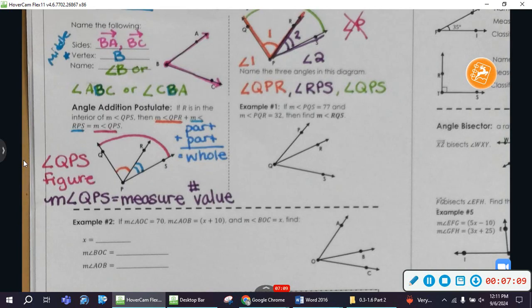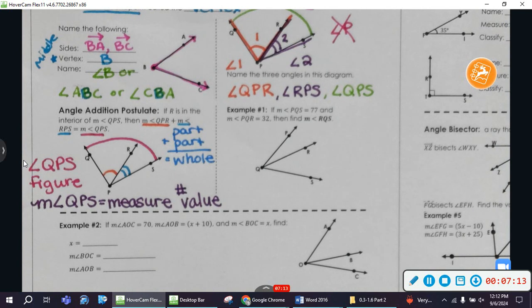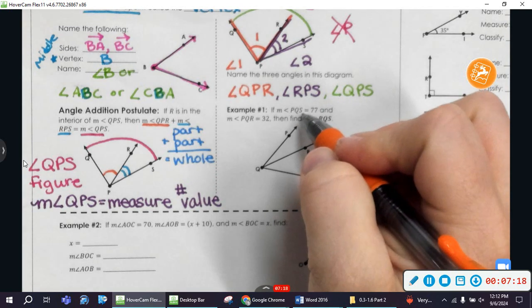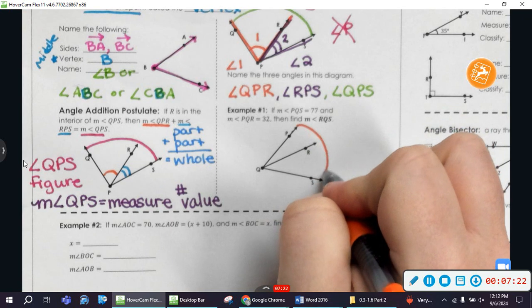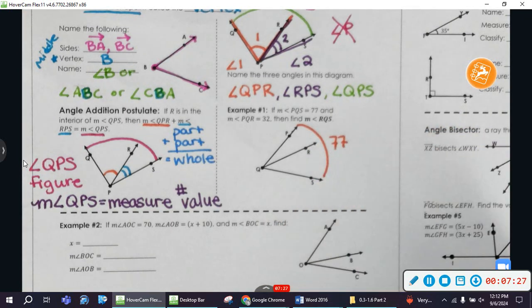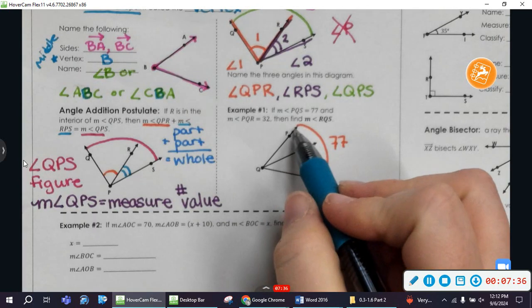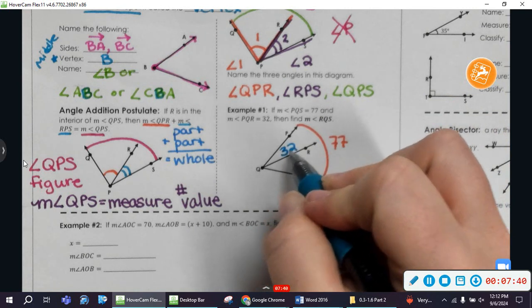And we are really good math students, and we label our pictures always. So I have on here the angle PQS. If I follow PQS, it's actually the big angle here, that is 77. And then it tells us that PQR is 32.